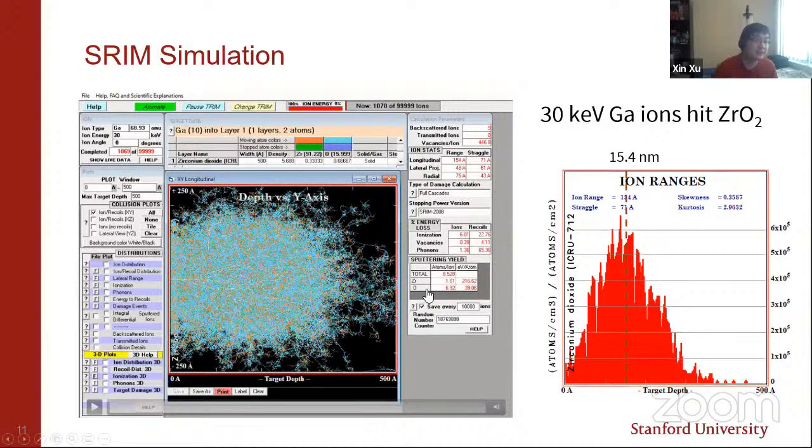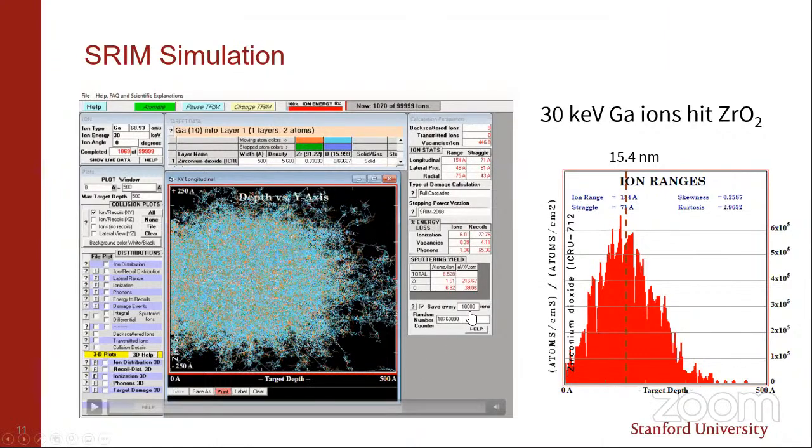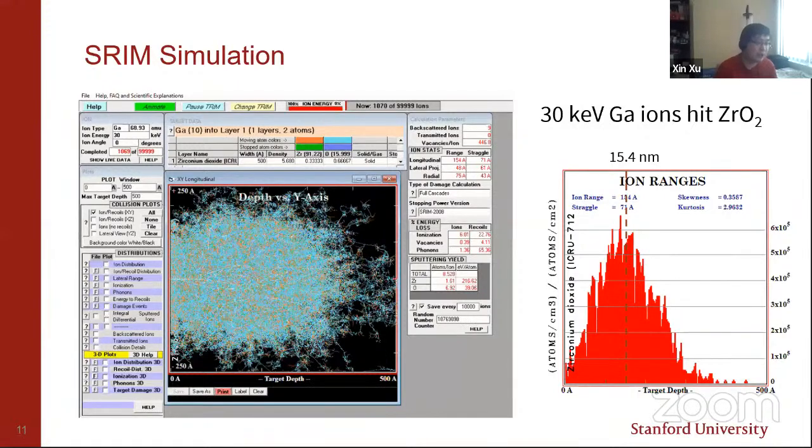It means that oxygen is easily depleted or knocked out of the lattice. So if you have gallium beams imaging the surface, you will definitely lose oxygen atoms more easily compared to zirconia.